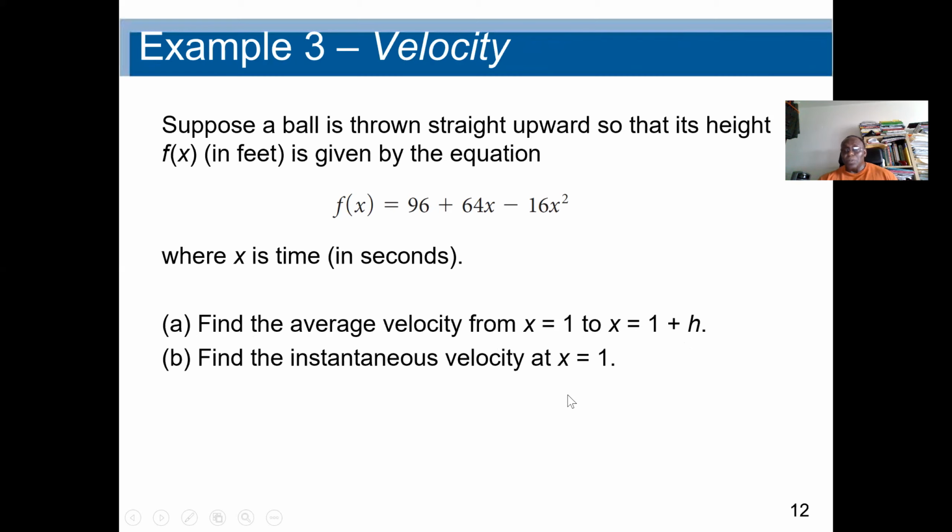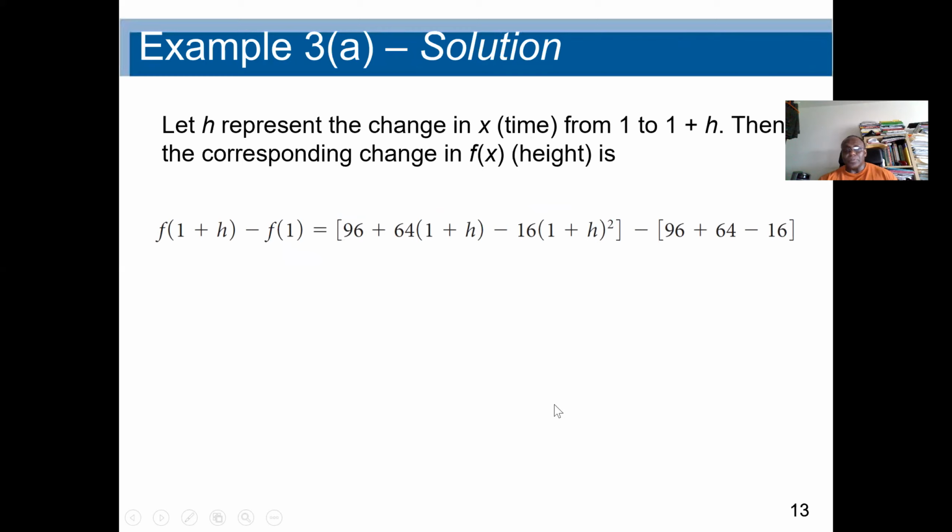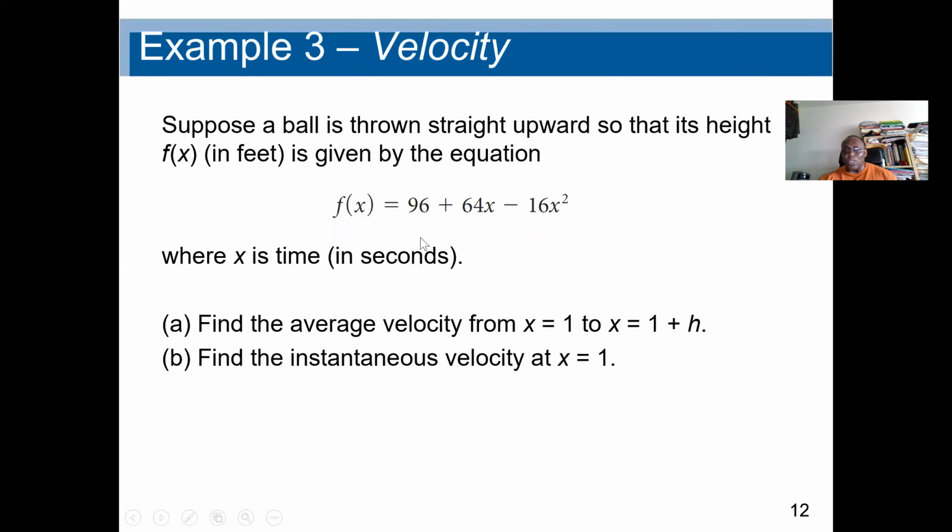Now we have the concept of the formula already. So here we say let h represent a change in x, the time, from 1 to 1 plus h. Then the corresponding change in f of x, the height, is what? Remember, let's go back to the formula one more time. Again, this is the function given to us, 96 plus 64x minus 16x squared. And we know the formula also: average rate of change will be f of b minus f of a over b minus a.